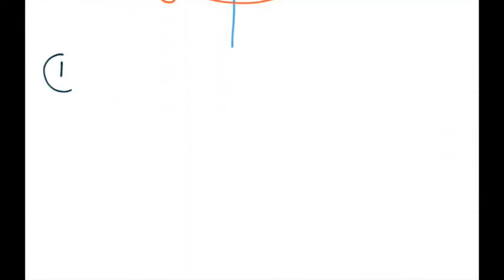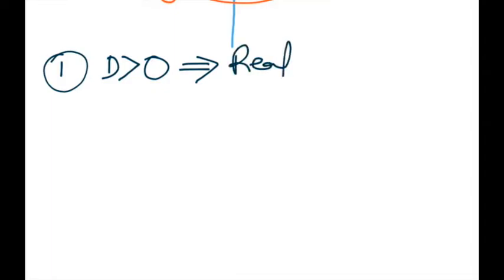So let's take case 1, when d is greater than 0.